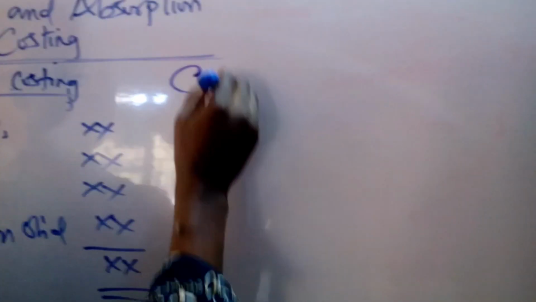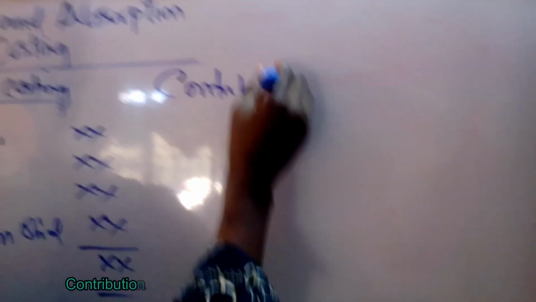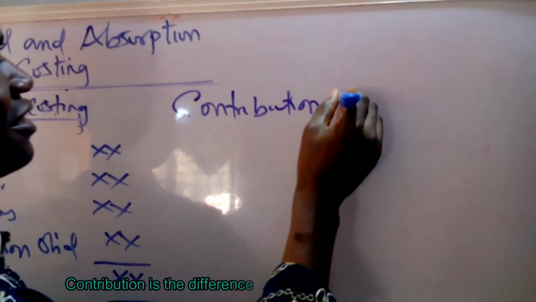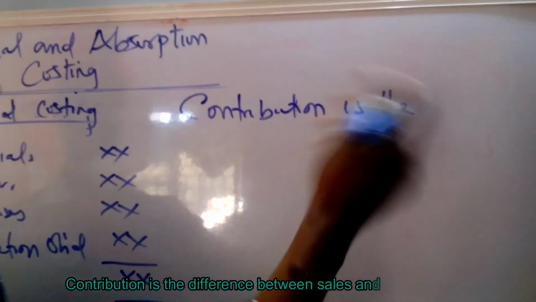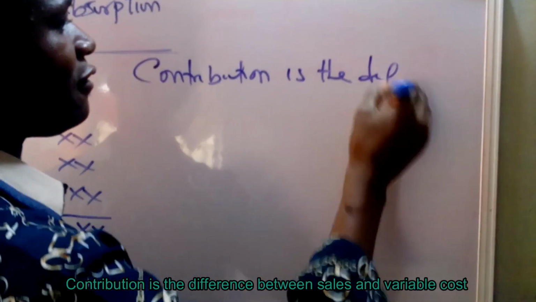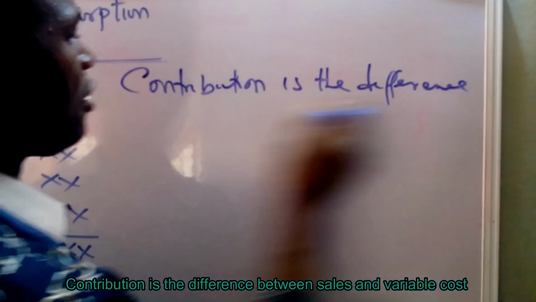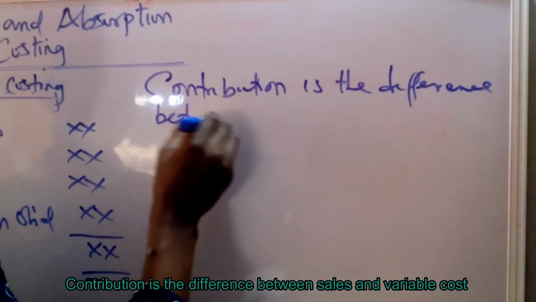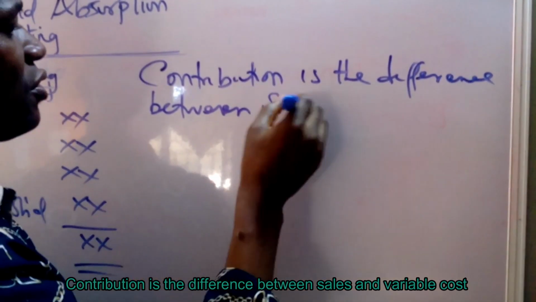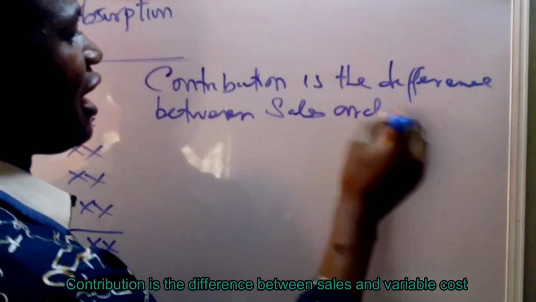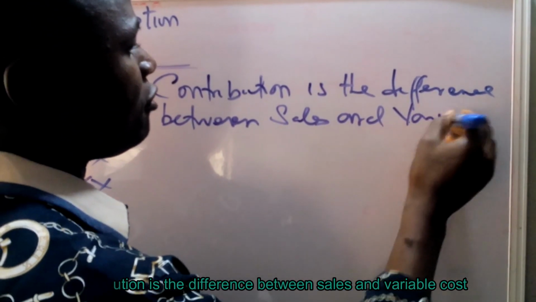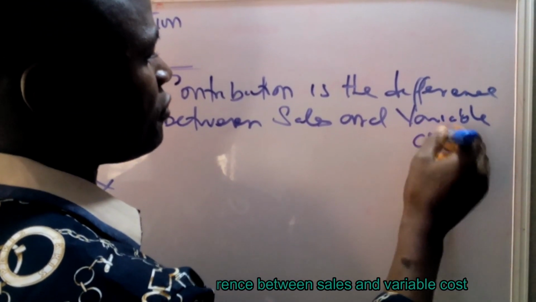Once we have this, we can now calculate our contribution. Contribution is the difference between sales and variable cost.